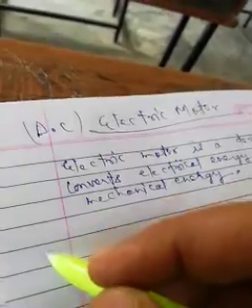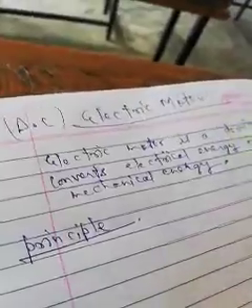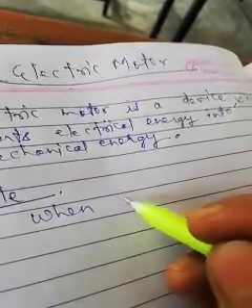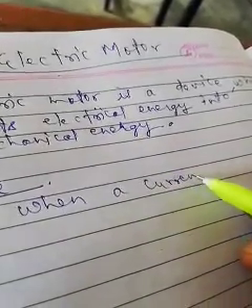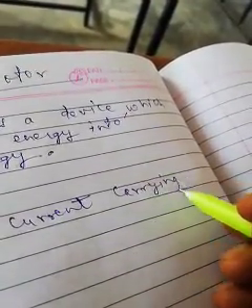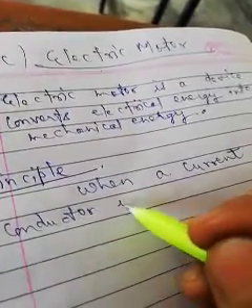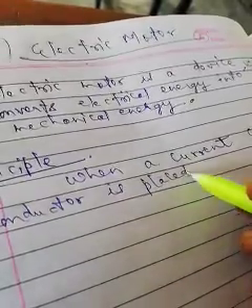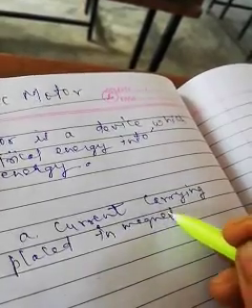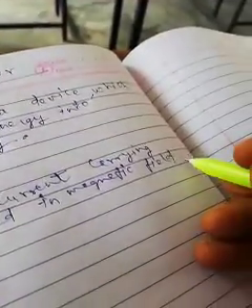So what is the principle of the electric motor? The principle of the electric motor is that when a current carrying conductor is placed in a magnetic field, it experiences a force.